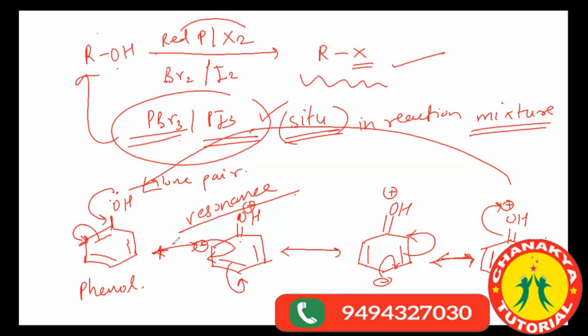Hence the lone pair on oxygen is always partially double bonded, and because of that we cannot use phenol for replacement with halogen. Hence preparation of aryl halides by replacing the OH group on the aryl group is not possible. Understood?